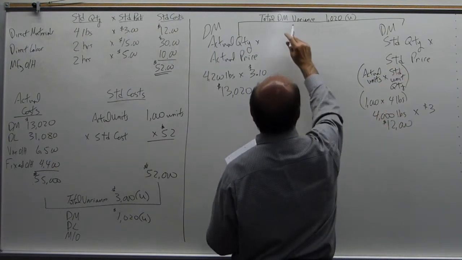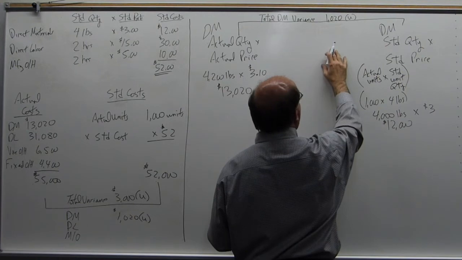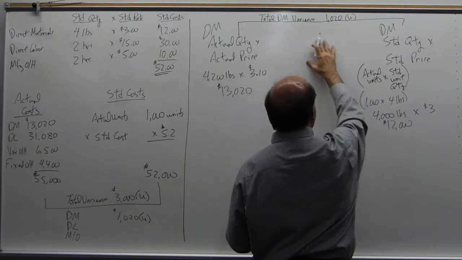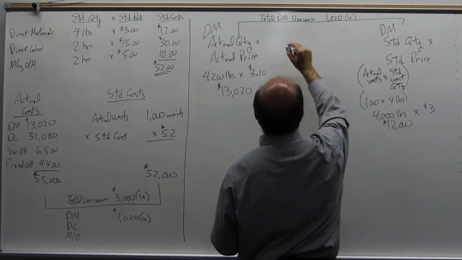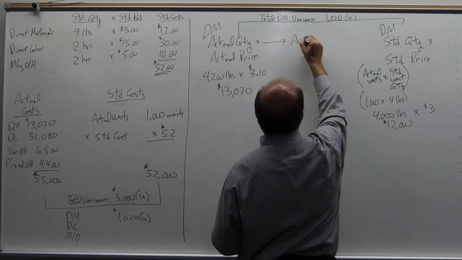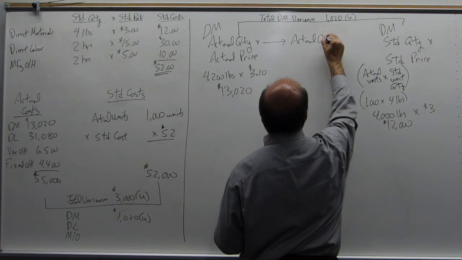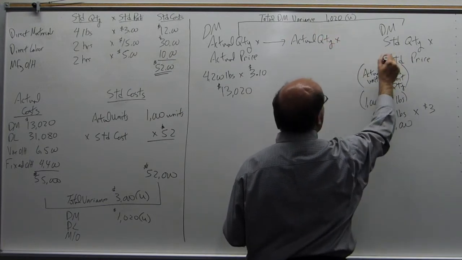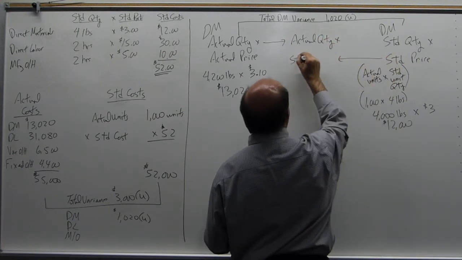You can do a number in the middle. This is actuals, this is standard, this is kind of a blend. It doesn't really have a name, but you're going to bring over the actual quantity and the standard price.